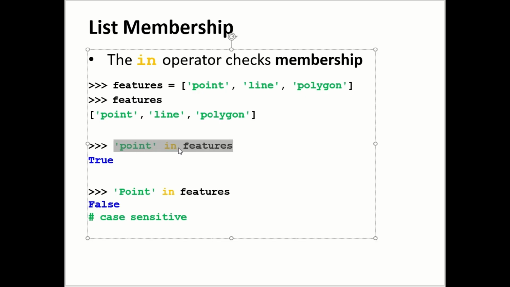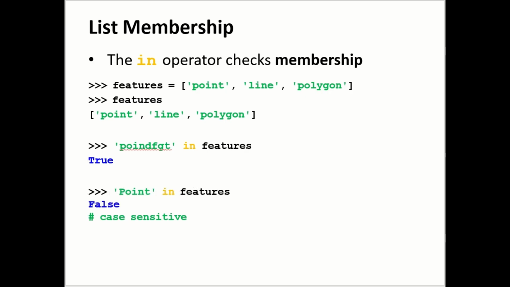The statement point in features evaluates to true because this string is in the list. It's one of the elements. Now, if you typed something else, if you did a typo, then that would become false. Or if the typo is a little bit more pernicious, if it's just a capital P, you'd also get false. It's case sensitive, so be careful with that. But it's a good way to check.